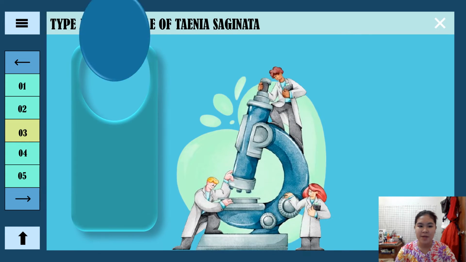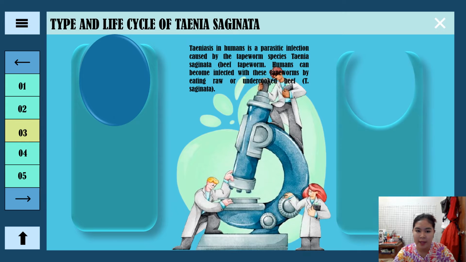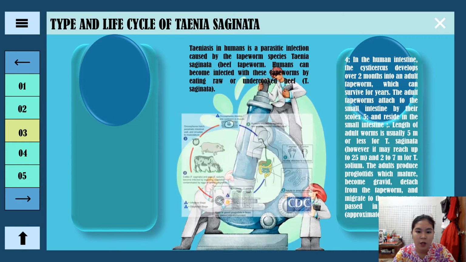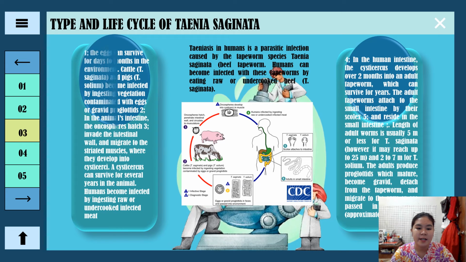So, next we have the type and life cycle of Taenia saginata. Taeniasis in humans is a parasite infection caused by the tapeworm species Taenia saginata or the beef tapeworm.